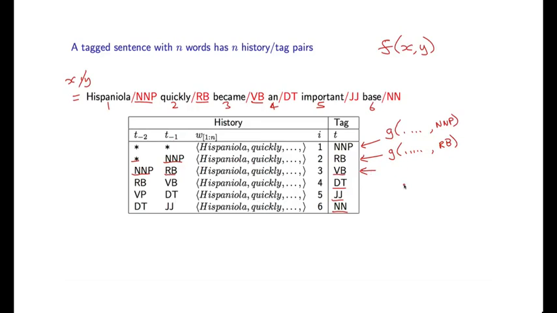There are going to be 6 local feature vectors corresponding to the 6 different history-tag pairs in this particular tagged sentence. Let me now show how we can leverage these local feature vectors in defining a global feature vector that maps an entire tag sequence in conjunction with a sentence to a feature vector.